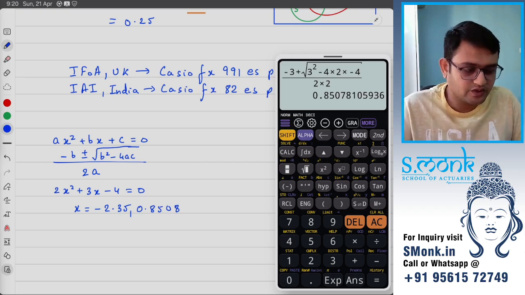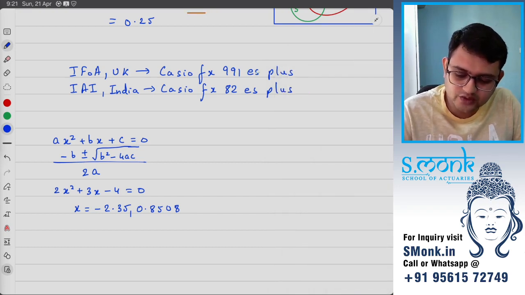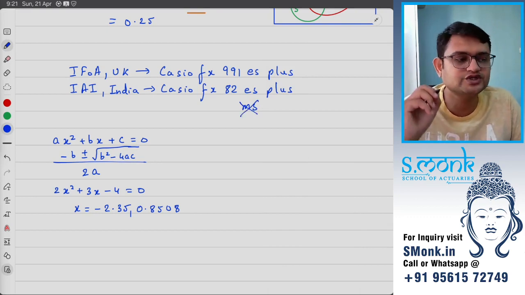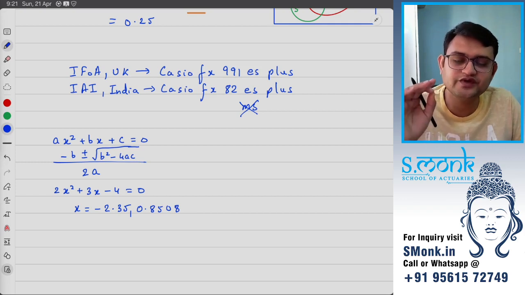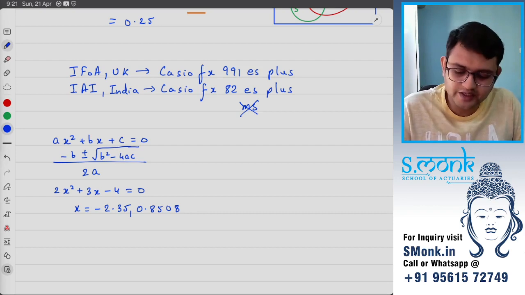Now Harshit, you are asking whether we can use the MS version. In both of these calculators you can get an MS version, but I do not recommend it because there are some functionalities in ES that we use that are not present in the MS version. So I would recommend that you buy the 82 ES Plus.